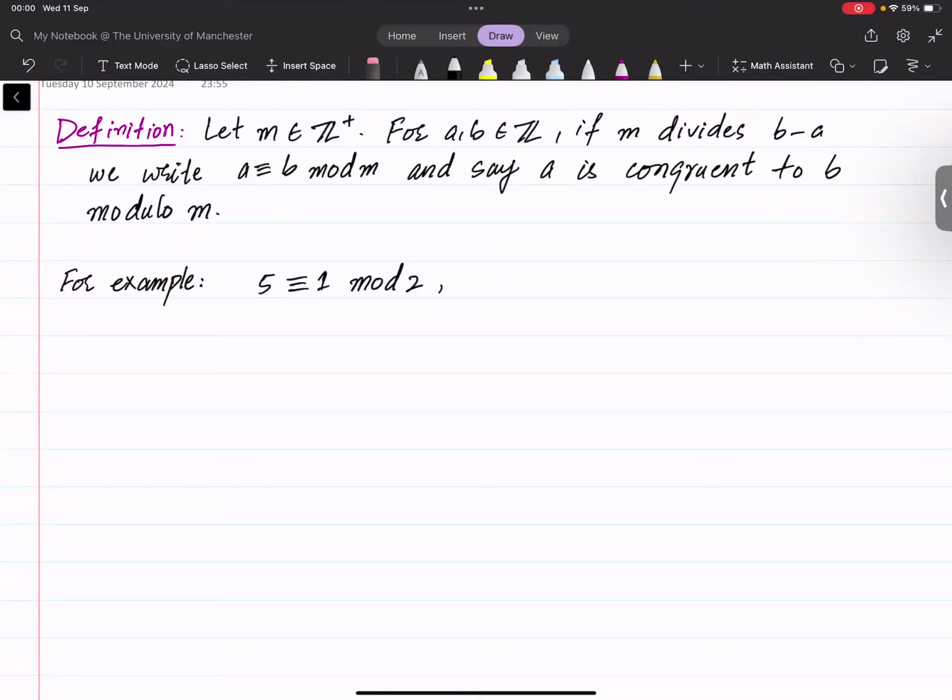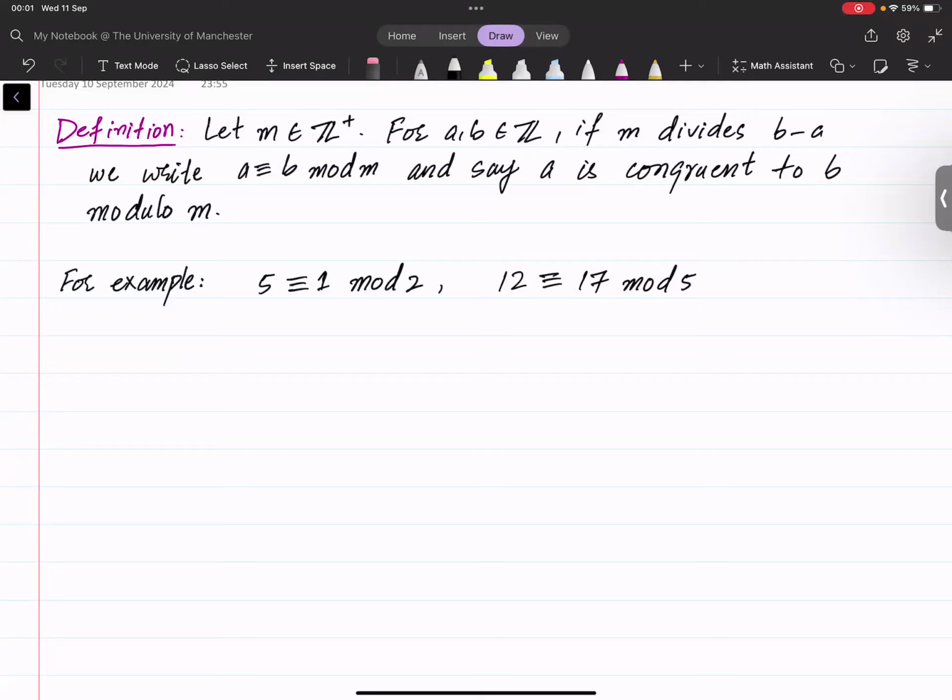Similarly, 12 is congruent to 17 mod 5. If m divides b minus a, this is also true.